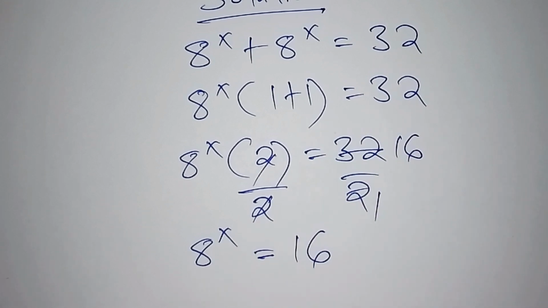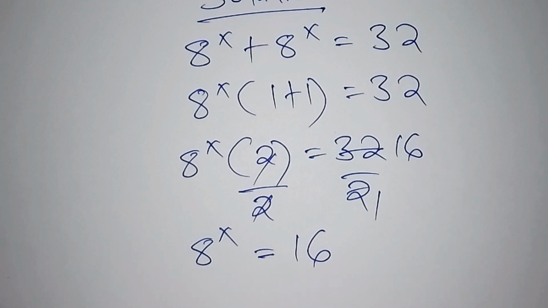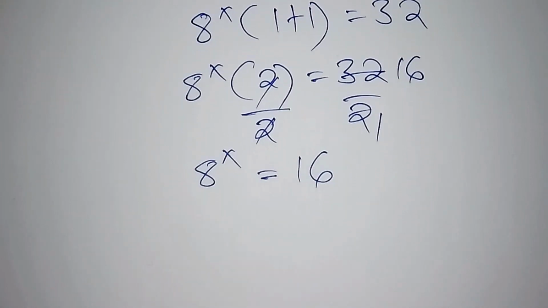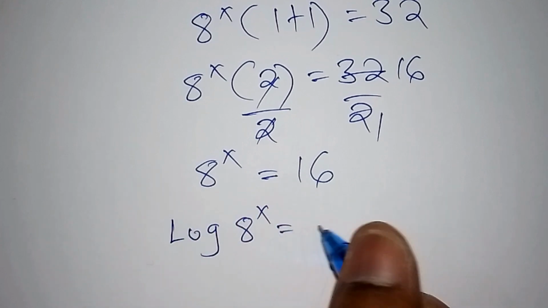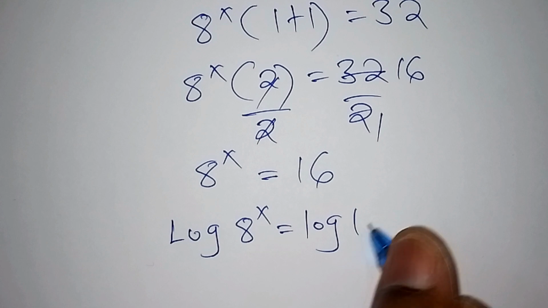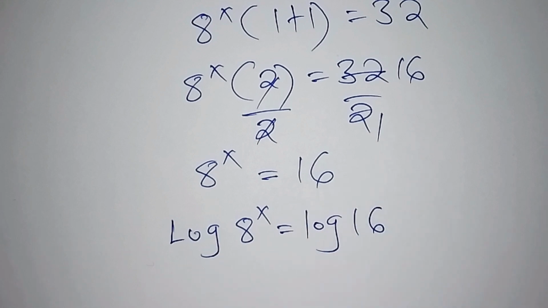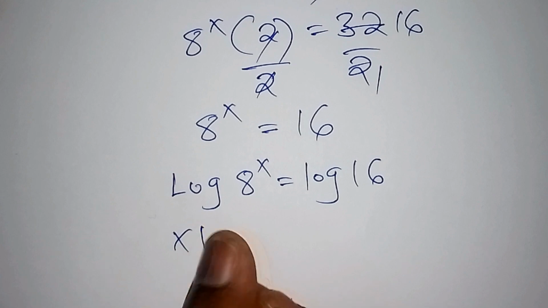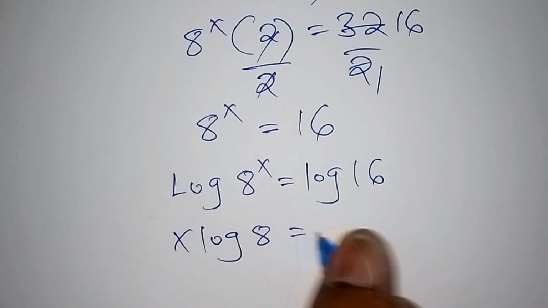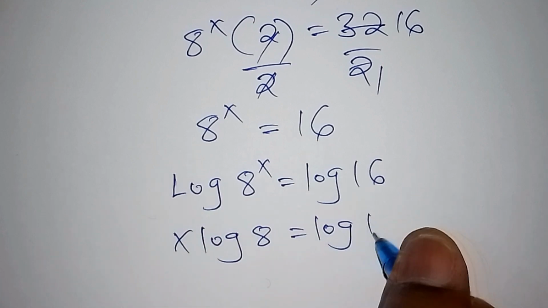So it's difficult for us to express 16 in terms of 8. So we shall now introduce the log. We have the log of 8 to the power of x equals the log of 16. The log of 8 to the power of x can also be written as x log 8. So x log 8 equals log 16.